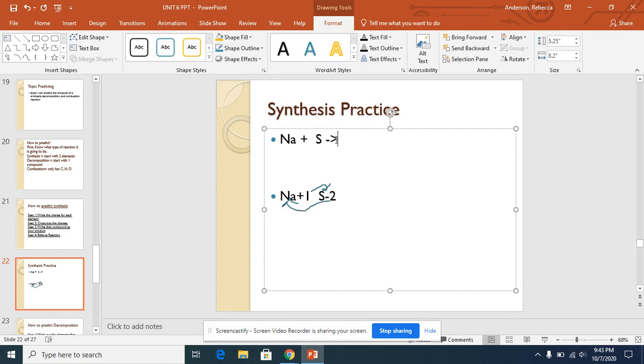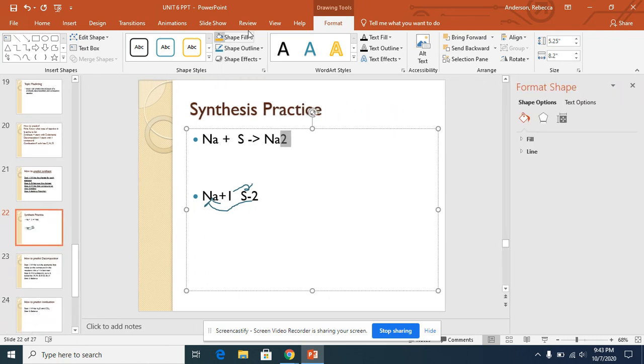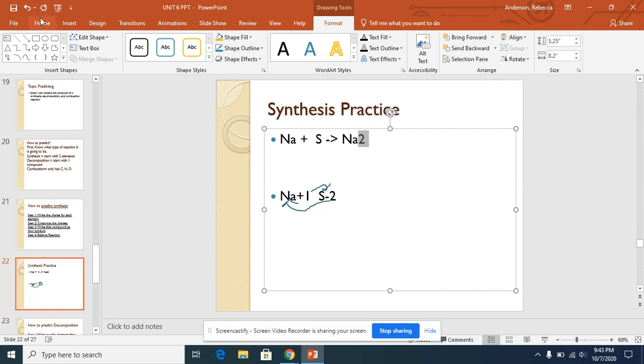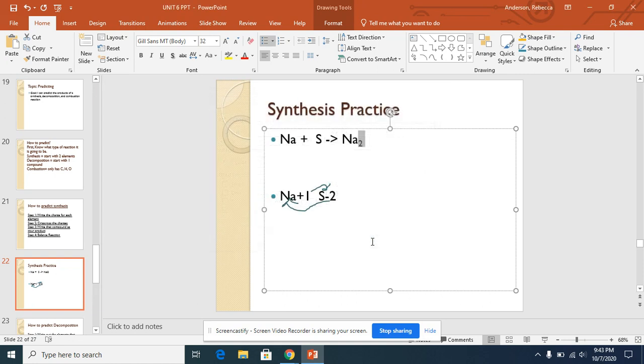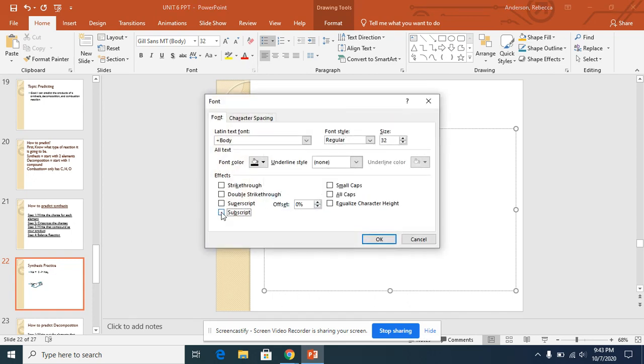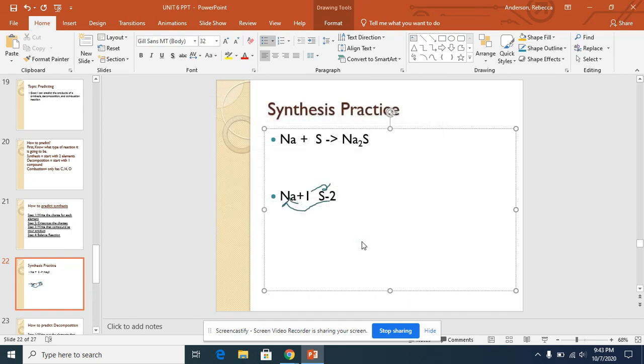So our compound would be Na2, and that's a subscript, S1. Now remember, you don't have to put the ones if you don't want to, but you can. So Na2S, and we did that. That 2 goes to the Na, that 1 goes to the S.